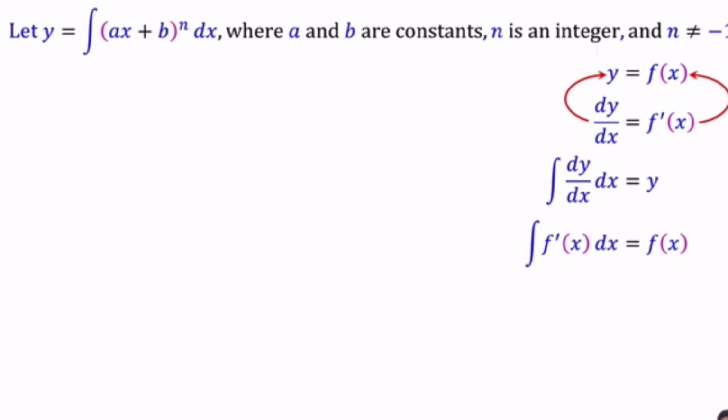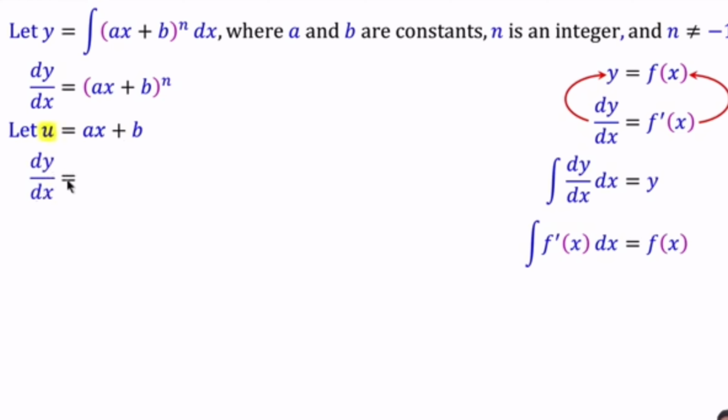So we have to start with u first, and we express dy/dx in terms of u to the power of n. So u is actually representing ax plus b. Substitution, so that means we will use the chain rule.